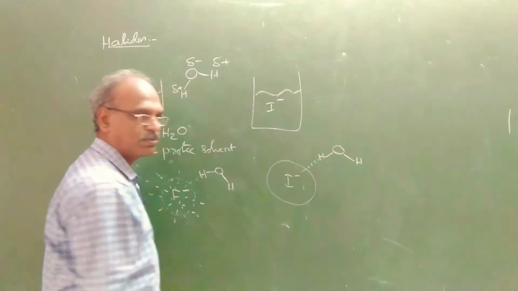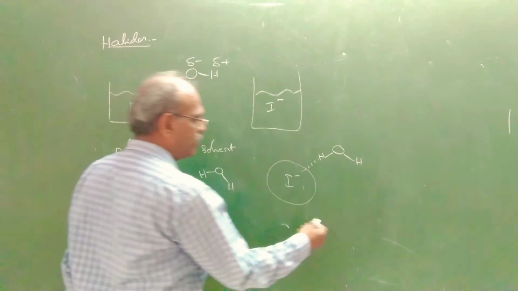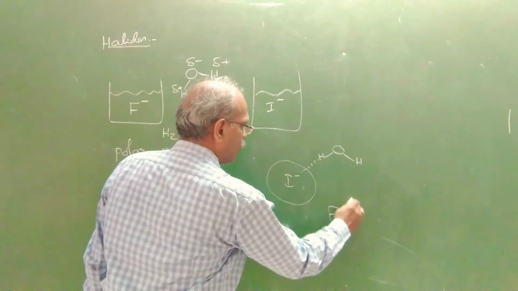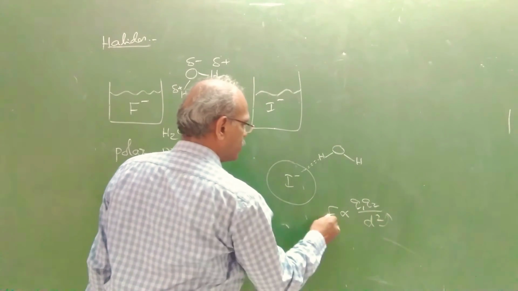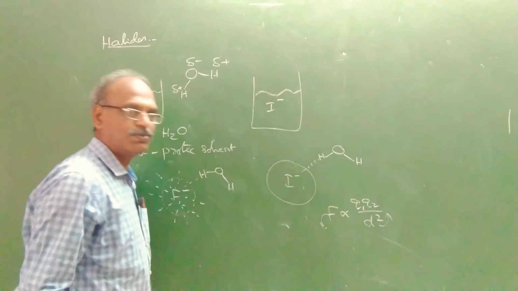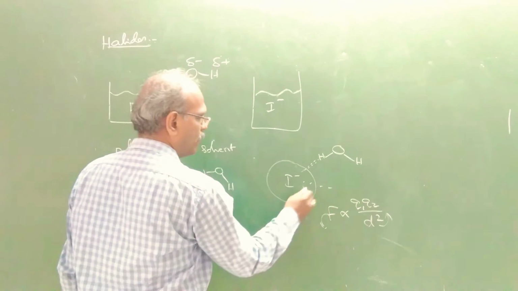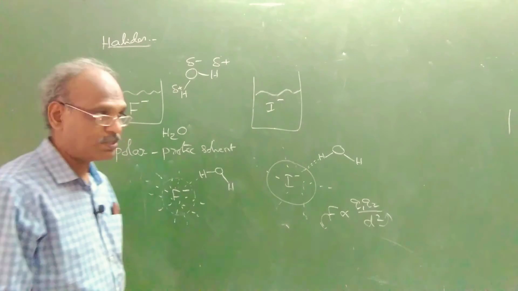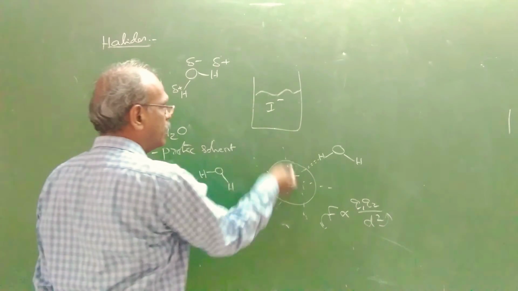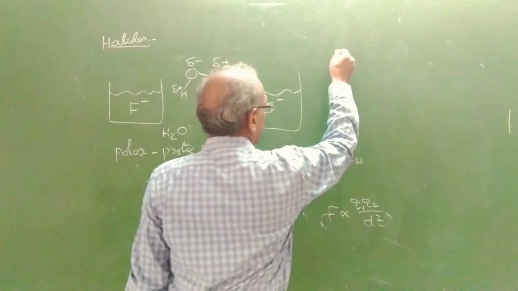Distance increases. According to Coulomb's law, F is directly proportional to Q1 Q2 by D square. If D increases, the force of attraction decreases. So here the degree of hydration is less for I minus.